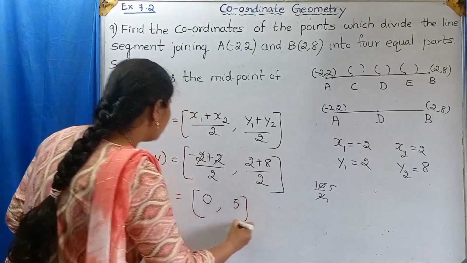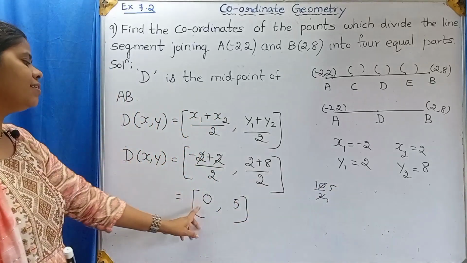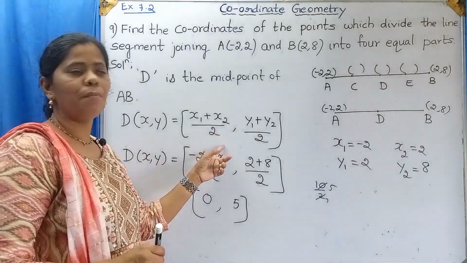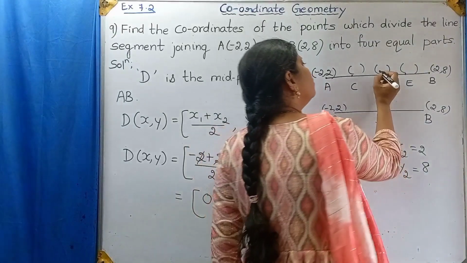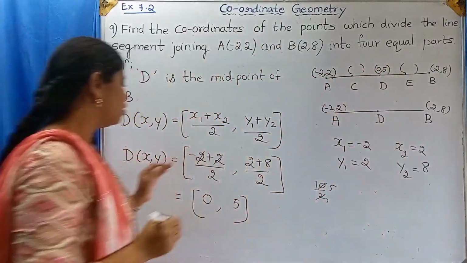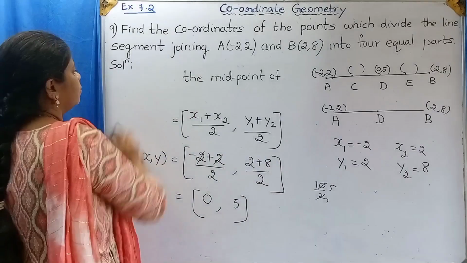Right? Therefore, the coordinate of the point D is 0, 5. Here we are using the midpoint formula. Remember 0, 5. Okay? Let me rub this. You can copy down.